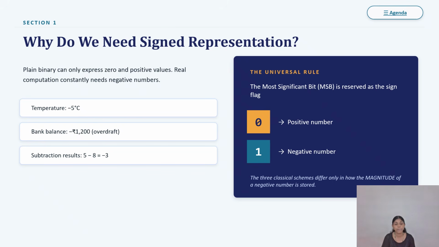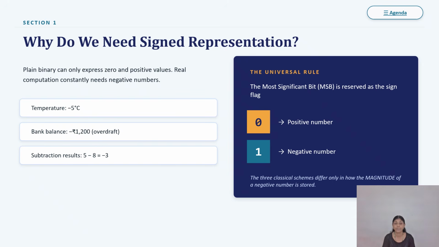And a subtraction result. If it is 8 minus 5, the result is 3, a positive value. If it is 5 minus 8, I mean the difference between the lesser number and the greater number, it is minus 3. So here also we are in need of negative numbers. In reality, we are in need of negative numbers.